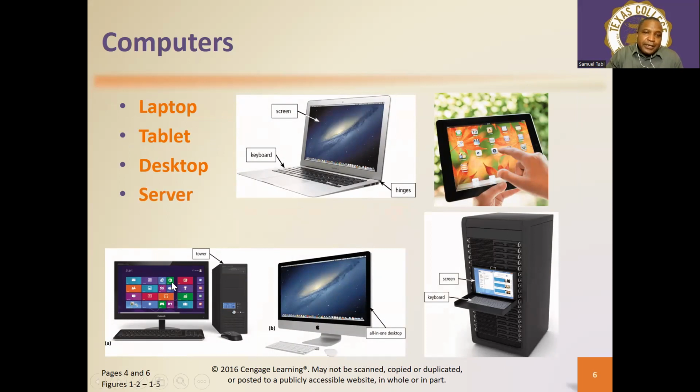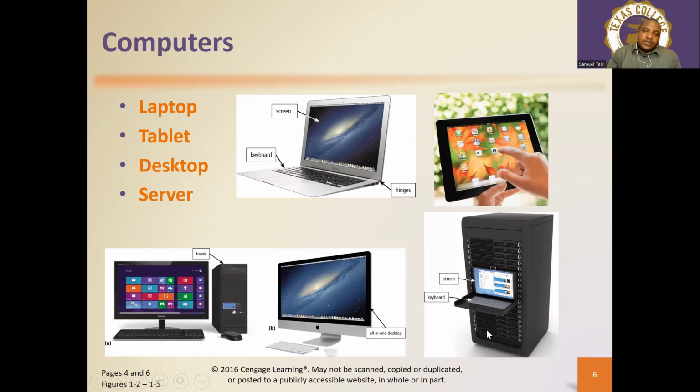And then there's an external screen, for the most part an LCD screen, and of course, an external keyboard, both of which are connected to your desktop. Now, there's what is also referred to as an all-in-one desktop. In other words, the system unit combined with the screen. So this is an all-in-one desktop. But again, we still see the keyboard, which is detached from it.